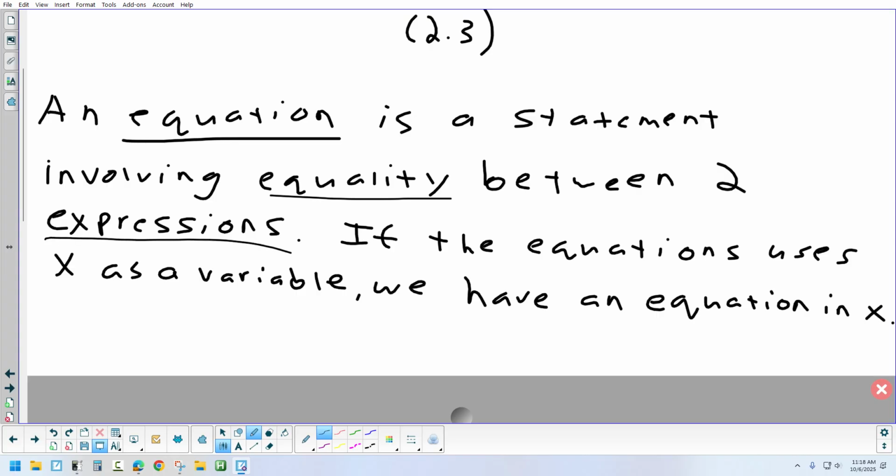So that's an algebraic expression. That one on the right is numeric. Put an equal sign between them. Now you have an equation. And this one is an equation in x. Uses the letter x.